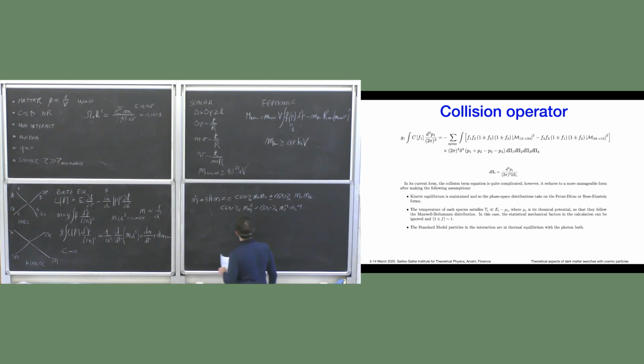So basically the standard model particles are in equilibrium and they have the same rate of producing the opposite process, and so we can write this equation here. And so finally we find the Lee-Weinberg equation for the evolution of the density.